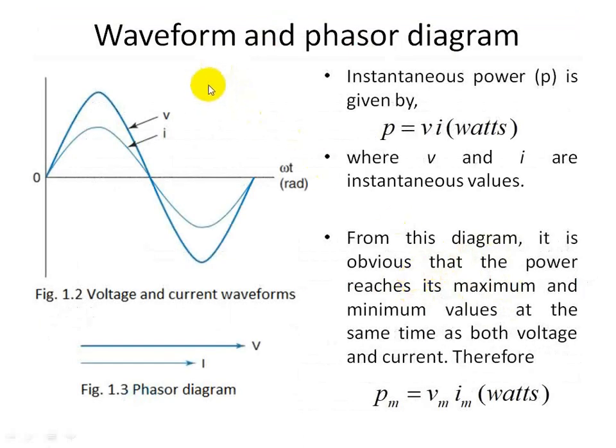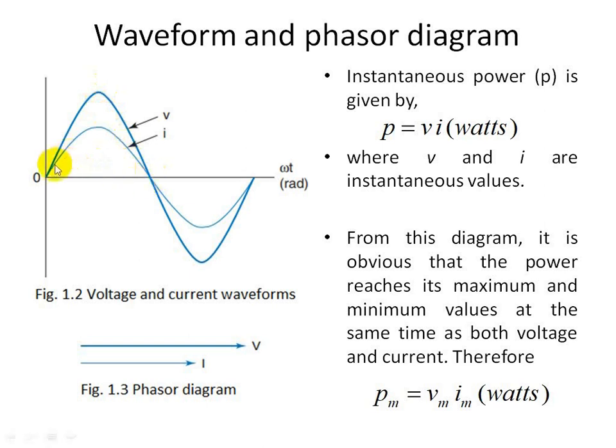Now we'll see the waveforms. The current and voltage waveforms are shown in this figure. Here we find that both current and voltage are in phase, meaning the voltage positive cycle starts from this instant, reaches maximum at this point, 90 degrees, and is completed at this point, and the negative cycle continues.